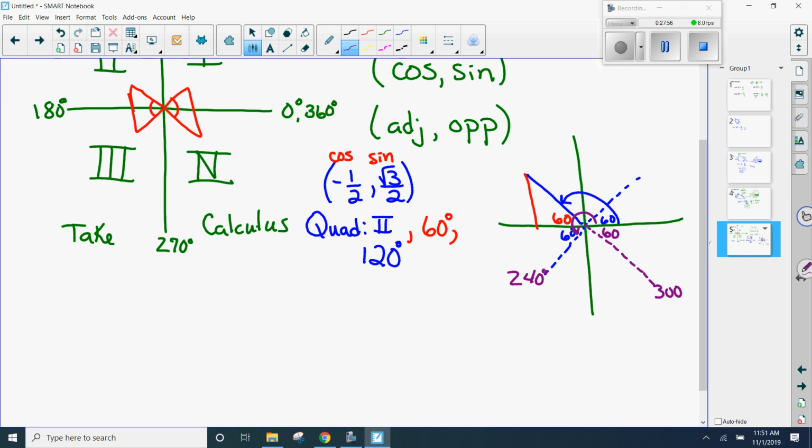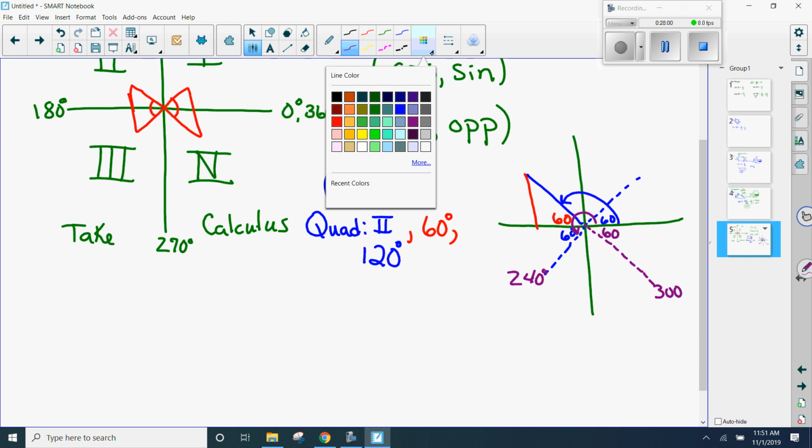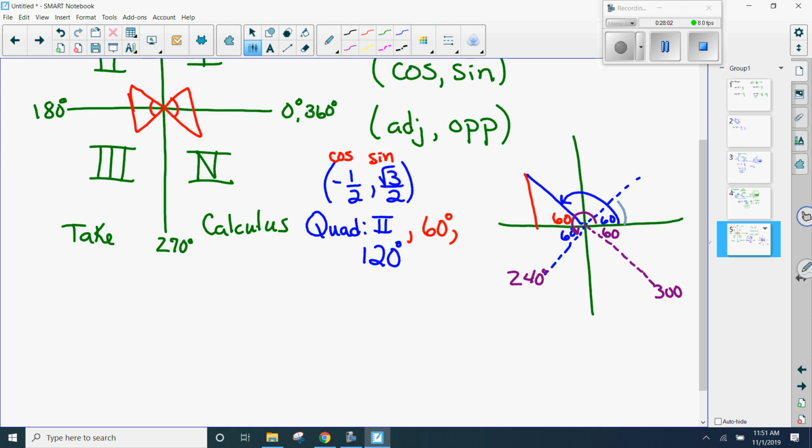So you draw your 60-degree reference triangle in the second quadrant, and then what you do have to find is what is this distance to there. You got to be careful. I always go from 180 or 360. This is going to be 180 minus 60 to get up to this right there.